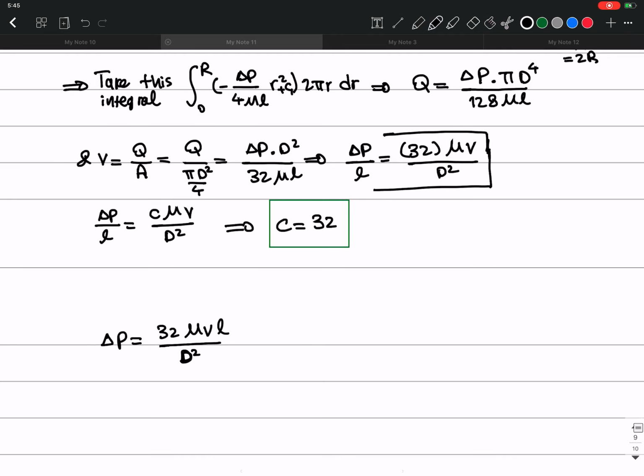So I divide the whole thing by 1/2 rho V squared, which is dynamic pressure. We call this dynamic pressure.